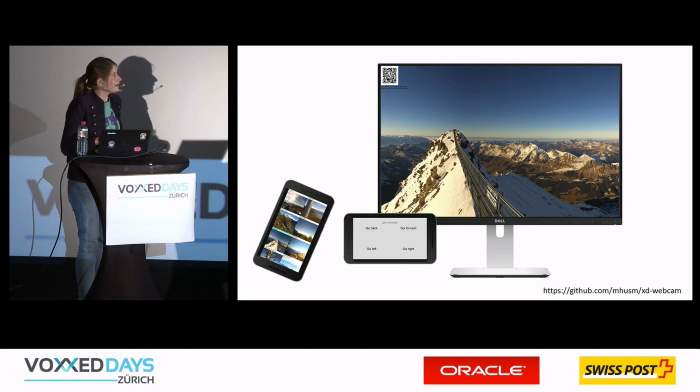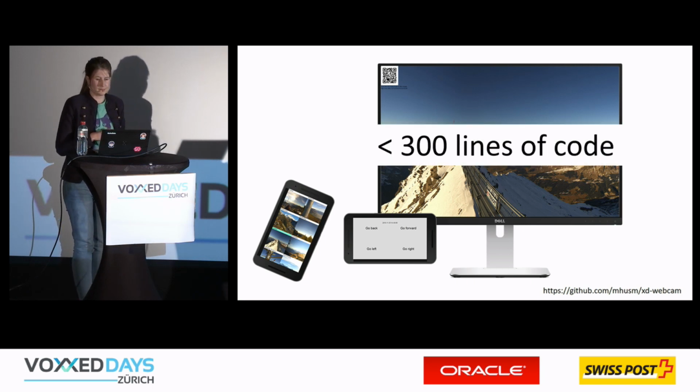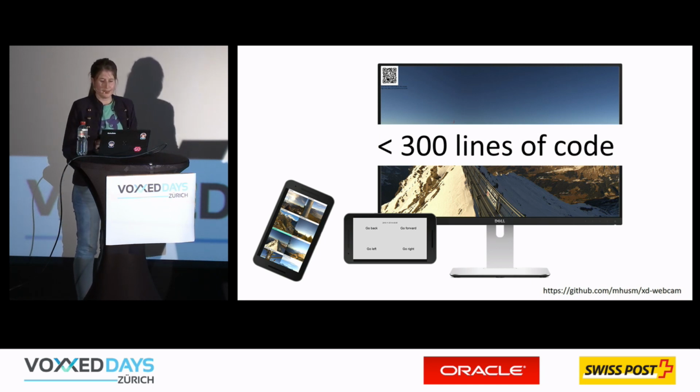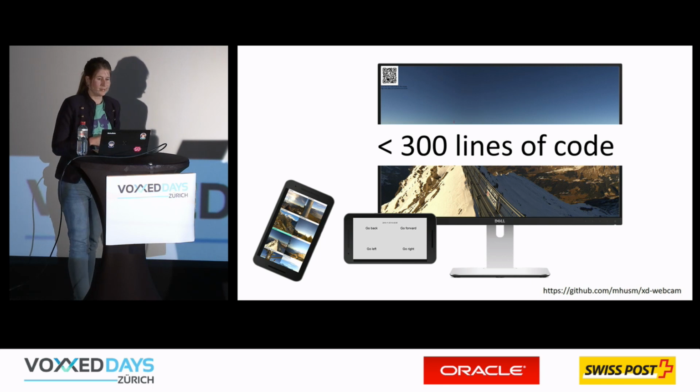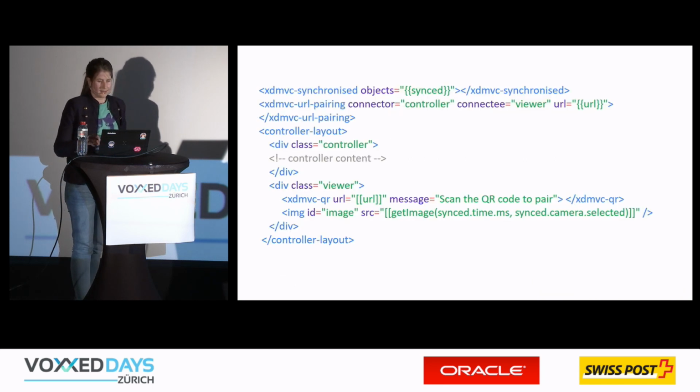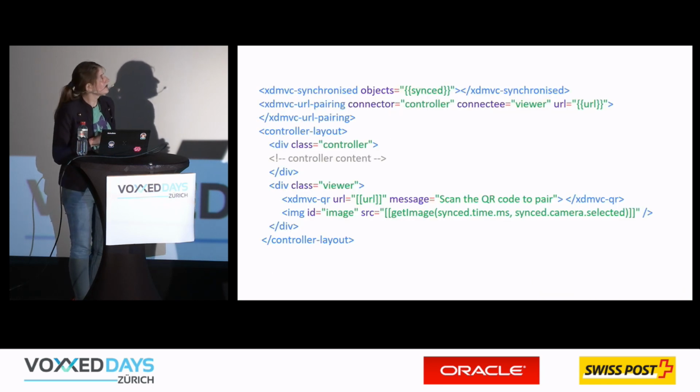So using the library that I quickly introduced and these concepts, this application was built in less than 300 lines of code, and that's in the client and server combined. And here's the most relevant code for the application.